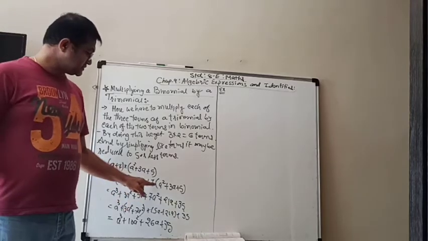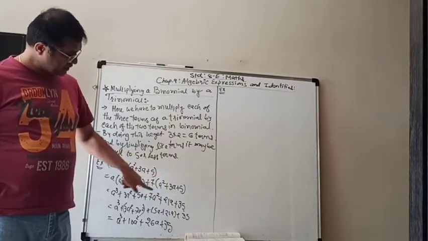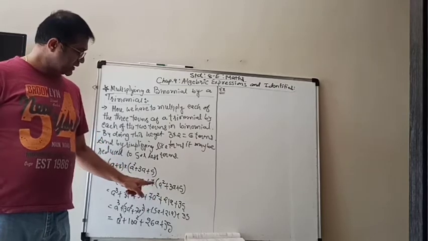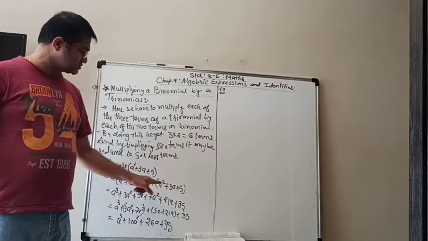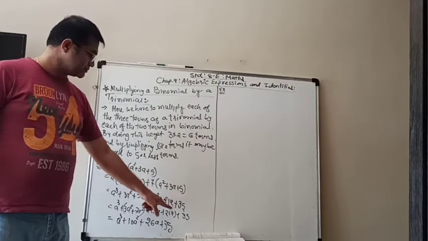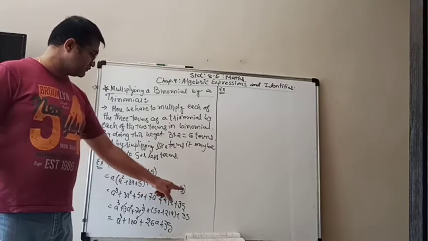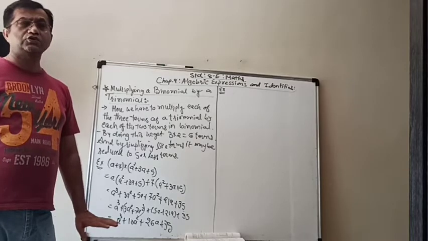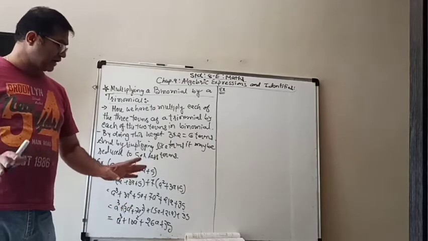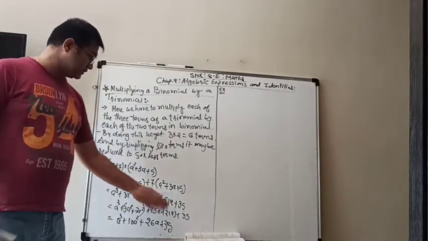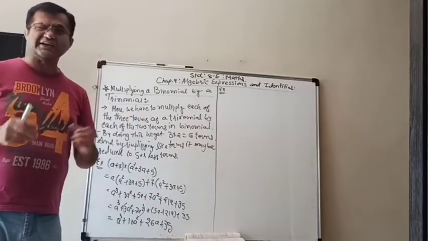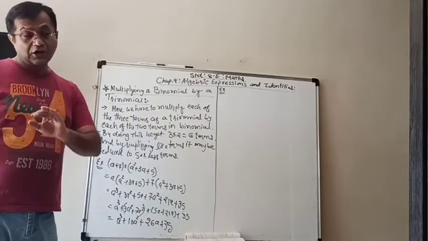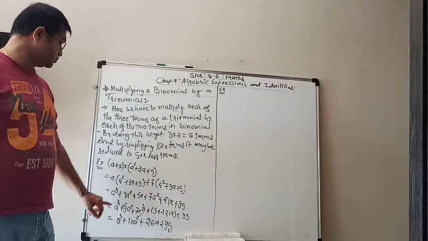Similarly, 7 multiplied by a square is 7a square, plus 7 multiplied by 3a, 7 3s are 21a, plus 7 5s are 35. You can directly do them.